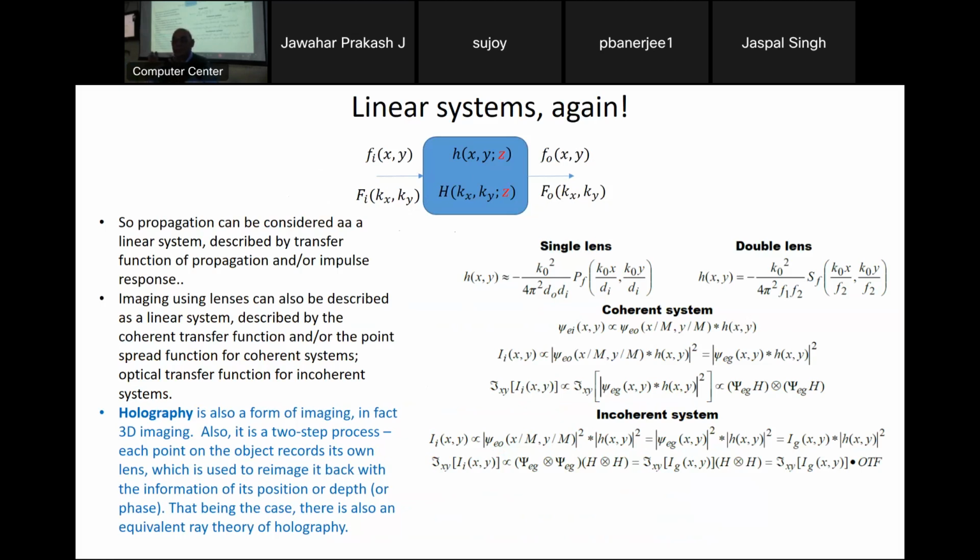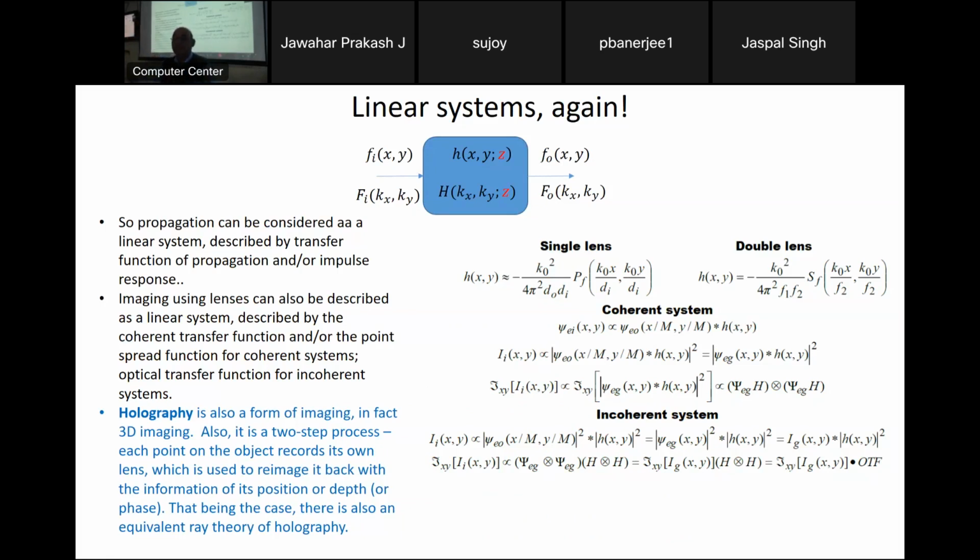So if you have a single lens system, ideally, a point should image to a point, right? If you had everything perfect, if the lens, more importantly, was an ideal lens, meaning a thin lens, no aberrations, and the aperture of the lens was infinite.